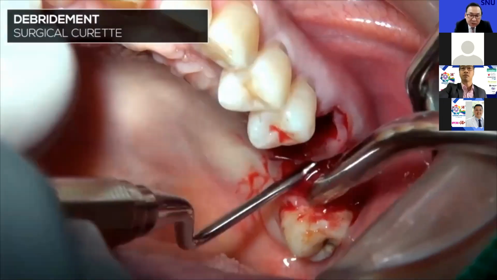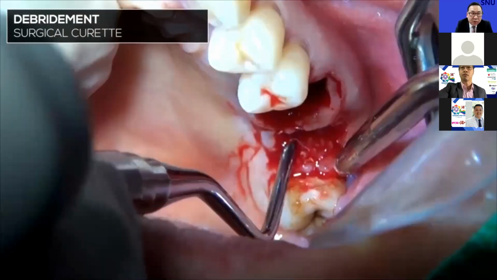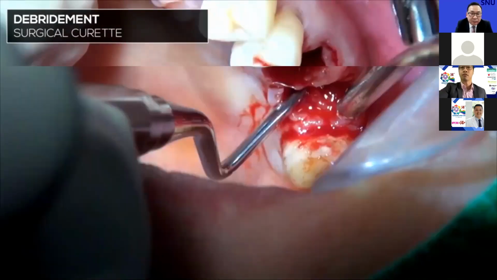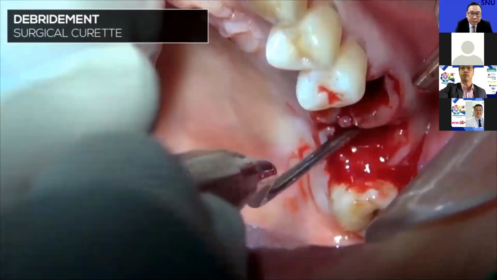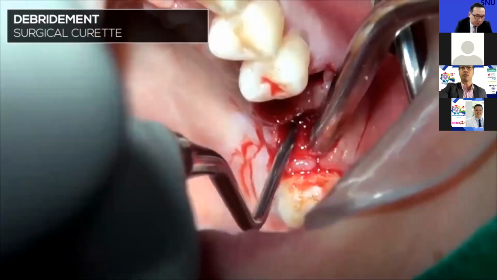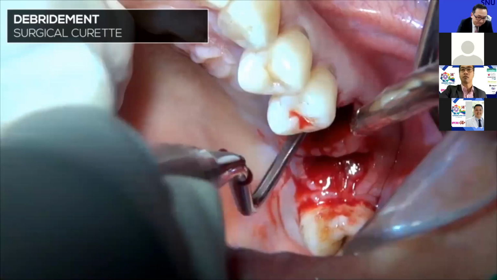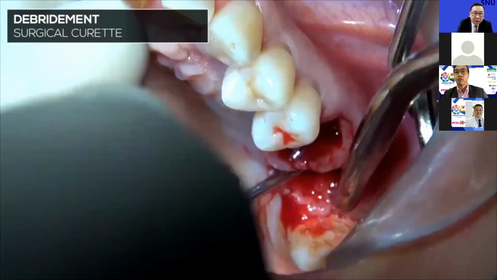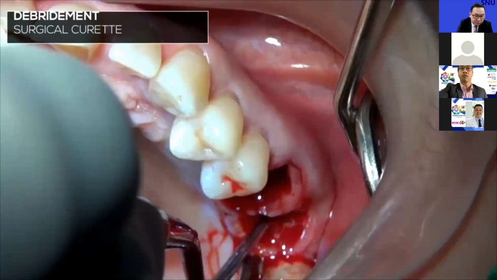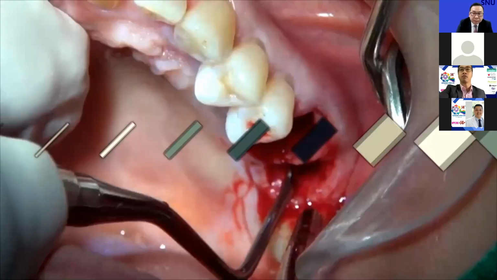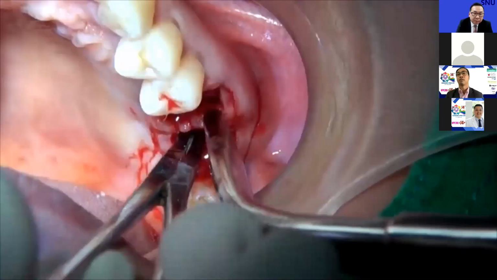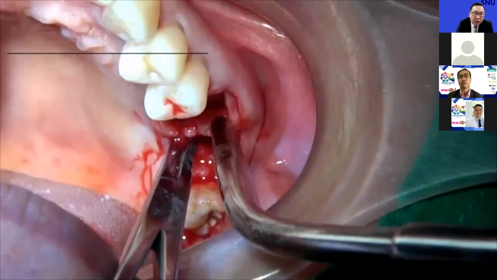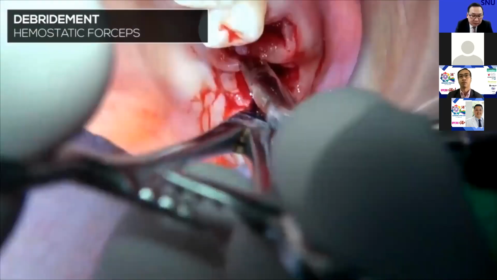So we first start out with a surgical curette. And then now we are using hemostats.